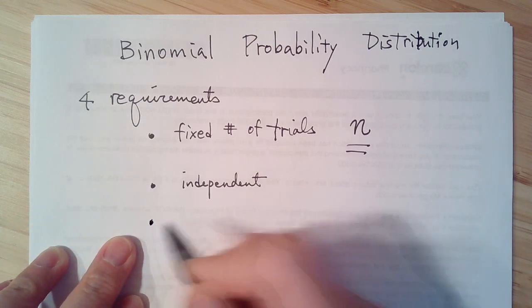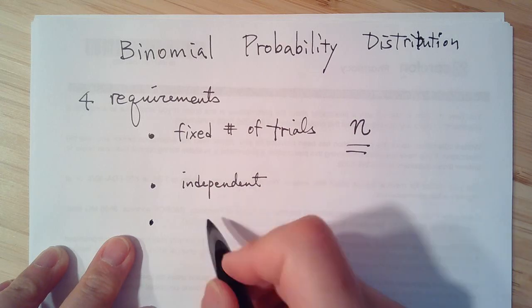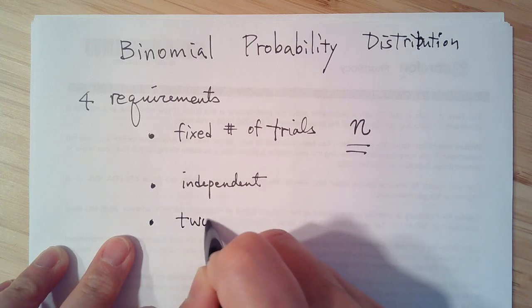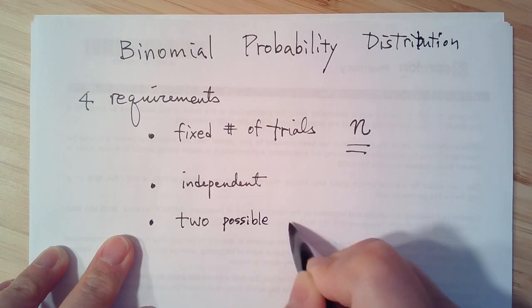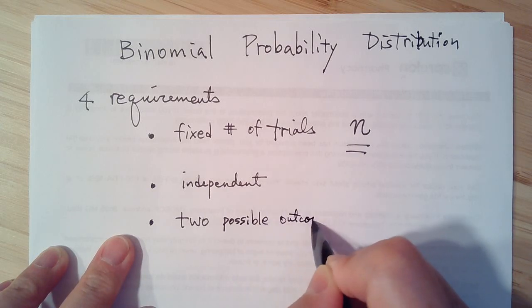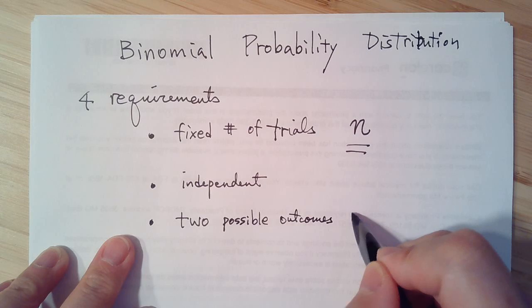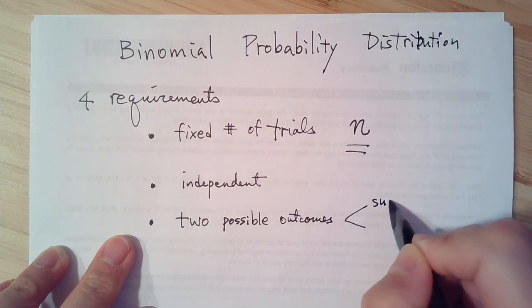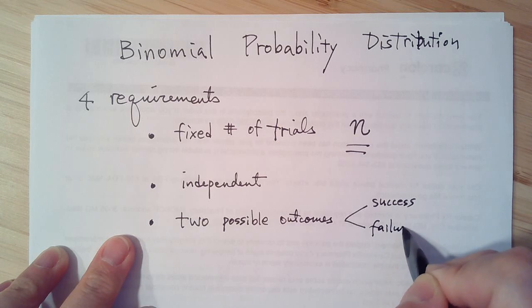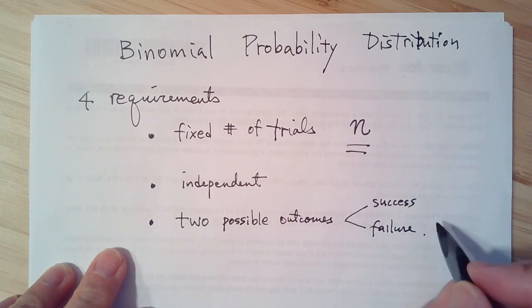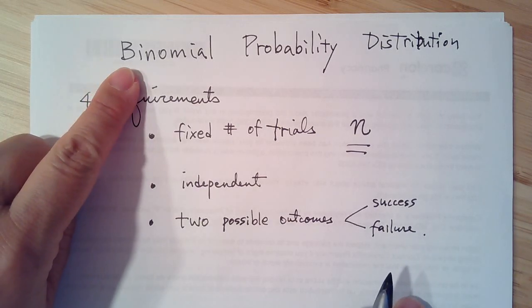The third one, each trial has only 2 possible outcomes, usually we call them success or failure. So only 2. That's where the "bi" in binomial comes from.